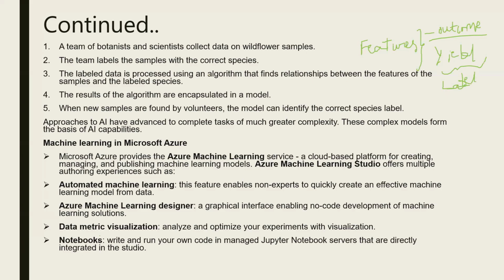So when we send some text to ChatGPT, the response we get is called a label, because the model is returning the data for me.